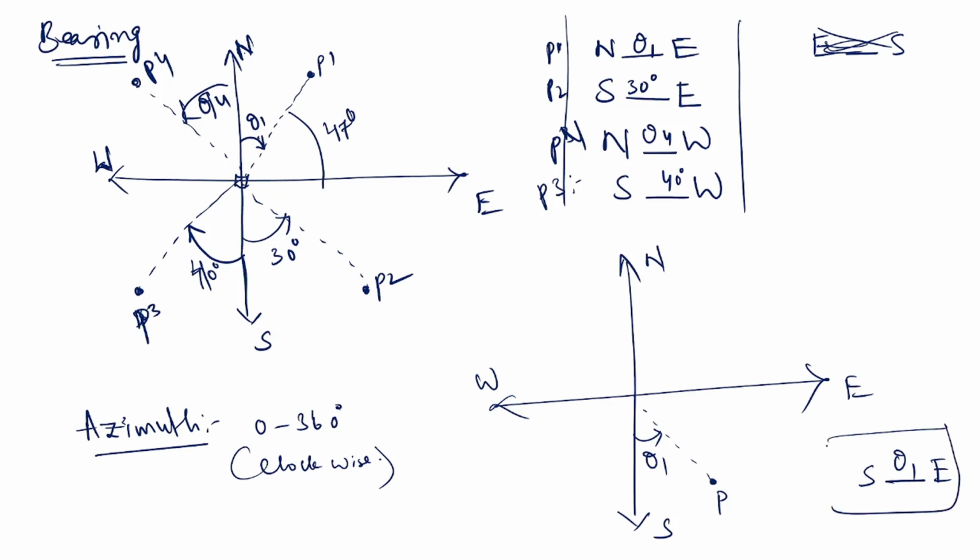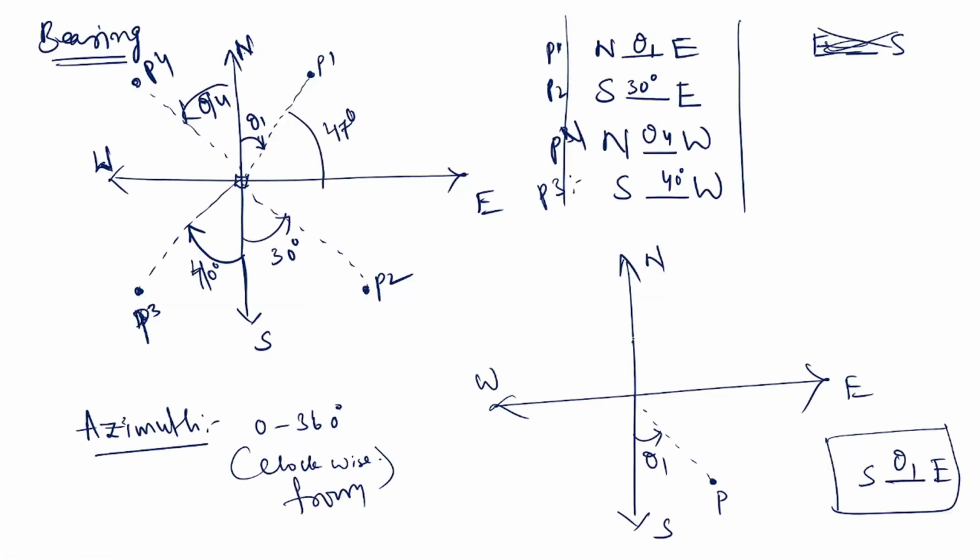But if you want to express the same point in azimuth, you have to take clockwise from north. From here to the point line, you have to find this angle in the clockwise direction. Let us say this is theta 2.